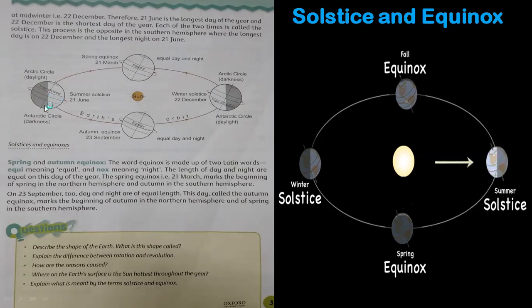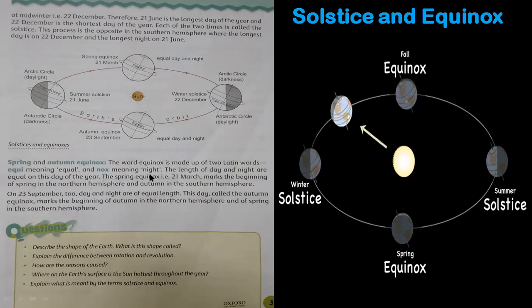Down here, just understand, then I will explain this one. Spring and autumn equinox. The word equinox is made up of two Latin words. Latin language is spoken in South American country. Equi means equal and nox means night. The length of day and night are equal on this day of the year.